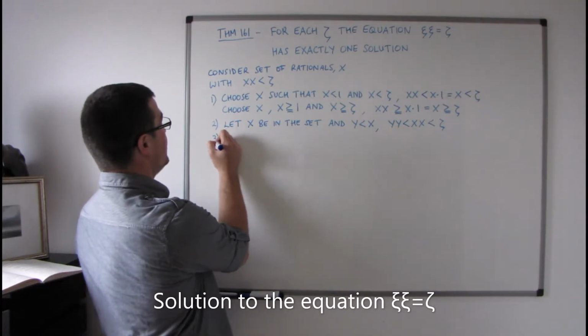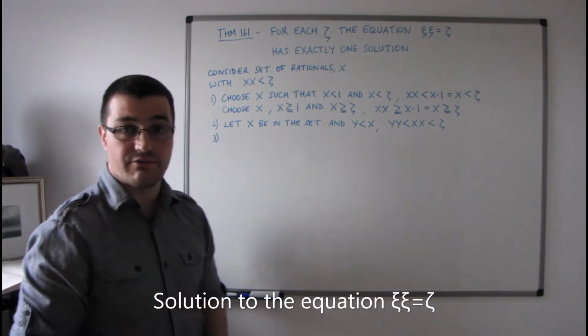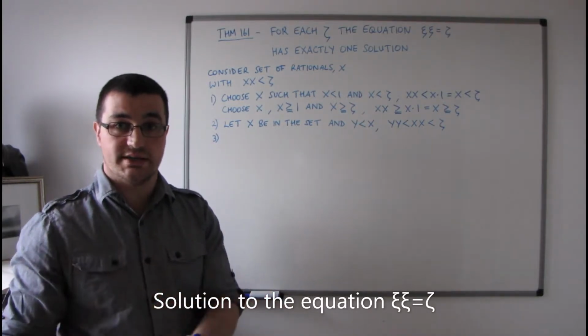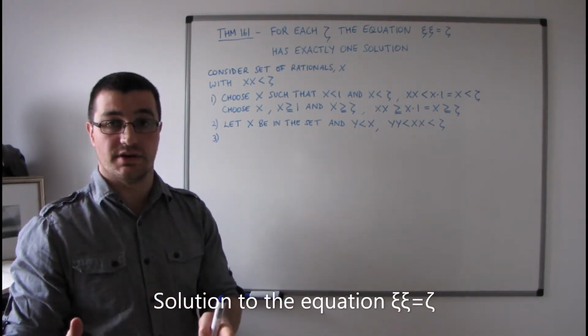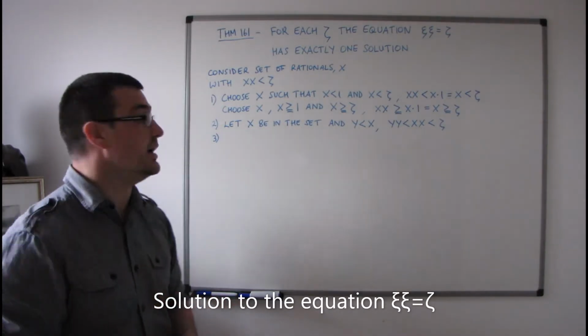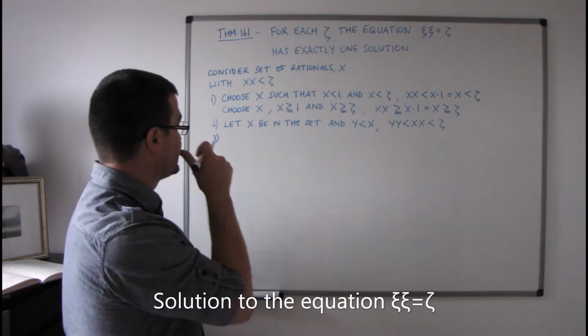And finally we need to show that for every number in the set there is a number greater than that given number, that chosen number, that is also in the set. So there's no greatest number in our set.